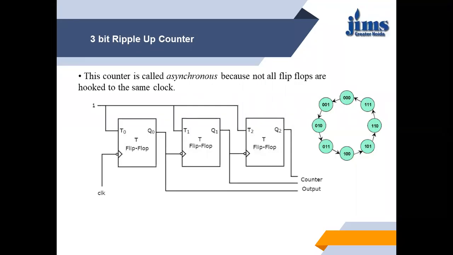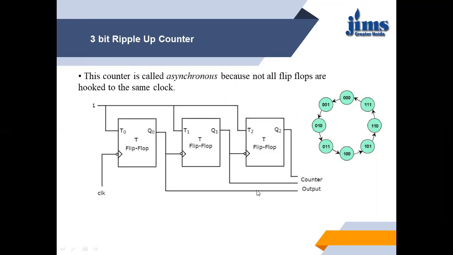So here we are using the benefit of the toggle flip-flop, that whenever the input is 1 with an active clock, the output of the T flip-flop will toggle, and that will be pretty clear when we look into the timing diagram.